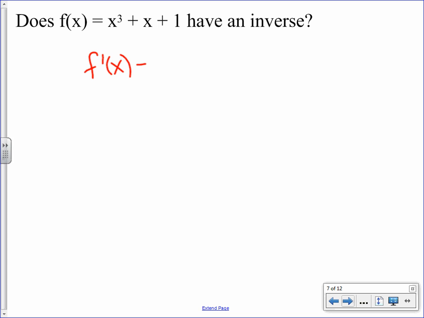What is the derivative? 3x squared plus 1. And what do we know about 3x squared plus 1? It's always positive. No matter what you plug in for x, that square is going to make it positive. And then we're adding 1, and so it's going to make it even more positive. So our derivative is always positive, meaning it's monotonic.